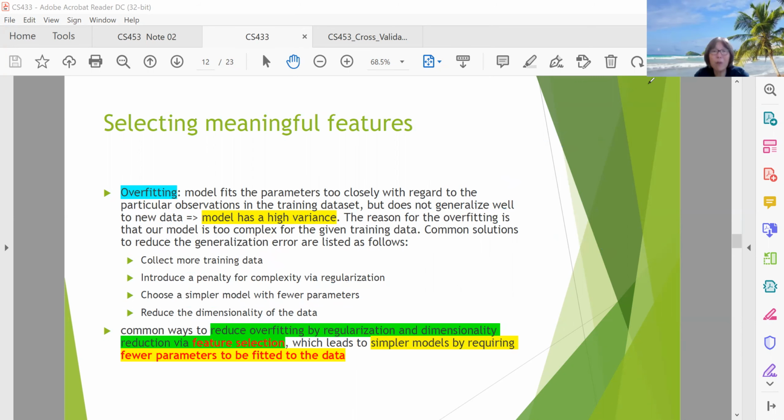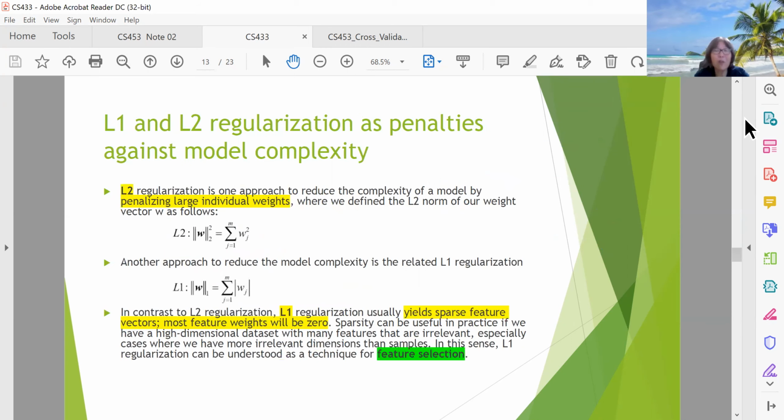So this is regarding feature selection. And then the regularization is the L2, that we already discussed, where we take the weights, square them and sum them, and this can penalize large individual weights.